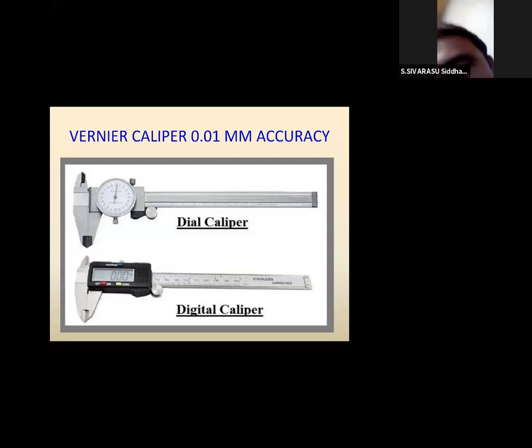In this dial vernier caliper, normally the vernier caliper uses a sliding principle. That means the mobile jaw is sliding over the fixed jaw. The same principle applies here, but the dial is amplified. Instead of a movable jaw, it is attached to the dial.